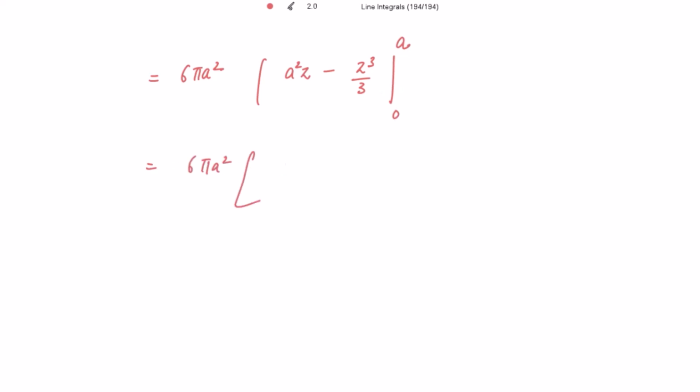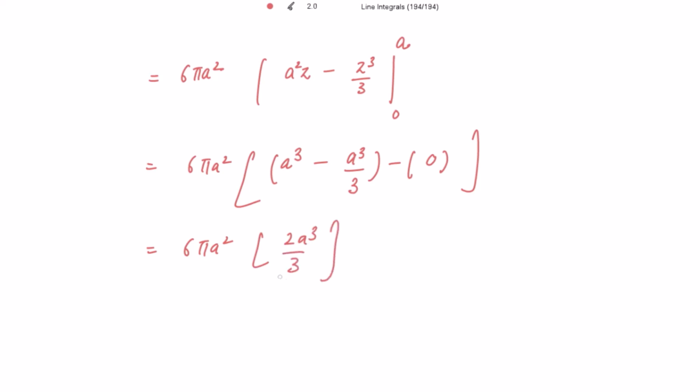Putting the upper limit, we get a cubed minus a cubed divided by 3, minus, putting the lower limit, we get this to be 0 completely. So this is 6 pi a square, and this is 3a cubed minus a cubed, that is 2a cubed by 3. So this cancelled out, and multiplying this 2 with this 2, we get 4 pi a to the power 5. That is your required answer.